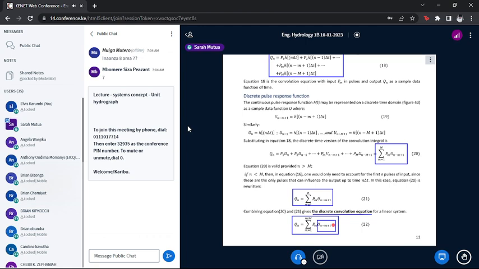Or if we are given a unit hydrograph and we are given rainfall, we can calculate Qn. So that is the principle. If you are given a unit hydrograph of a catchment, and you have measured rainfall in that catchment, you can calculate Qn.